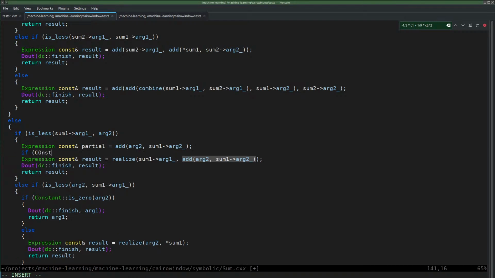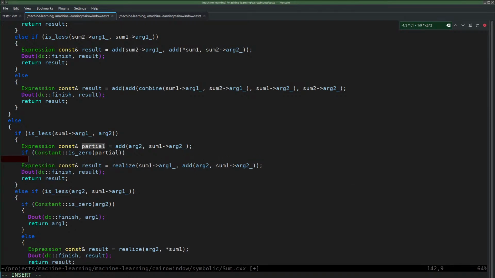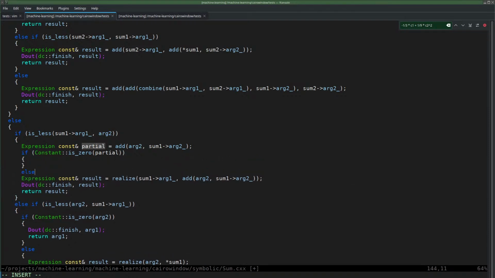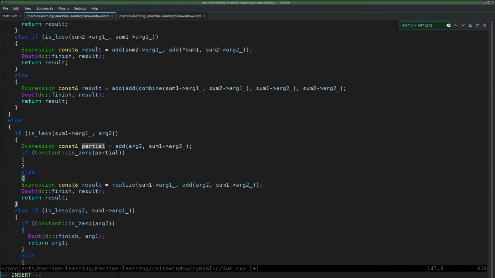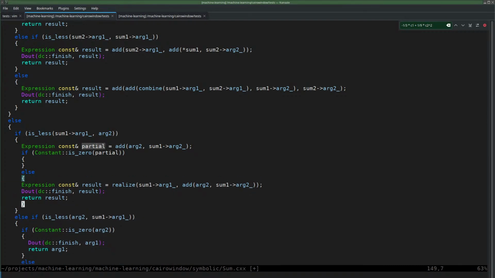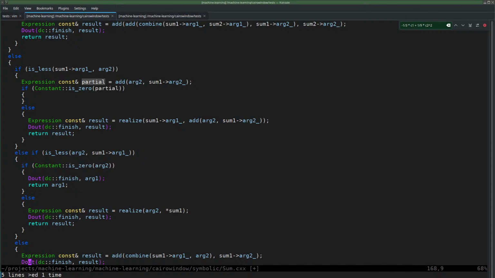If constant is 0, partial, else it's kind of like here.